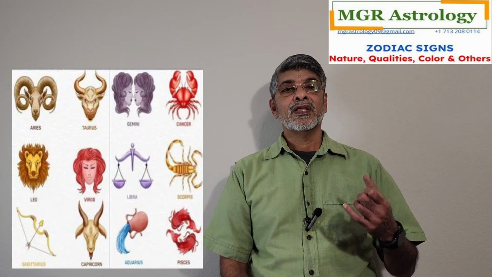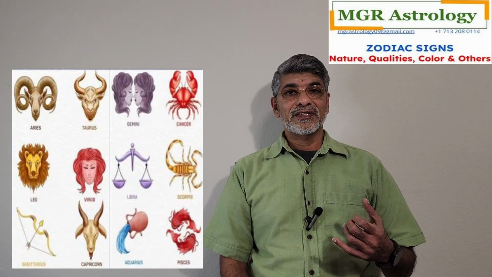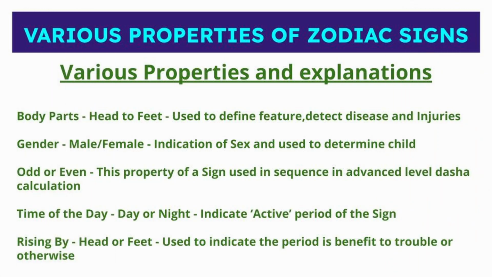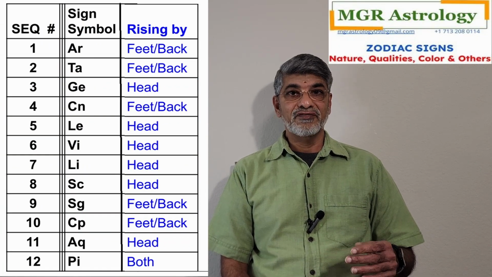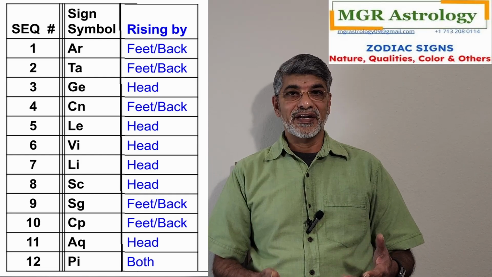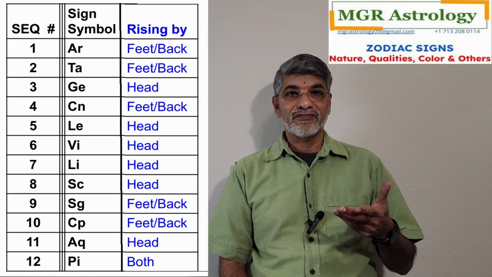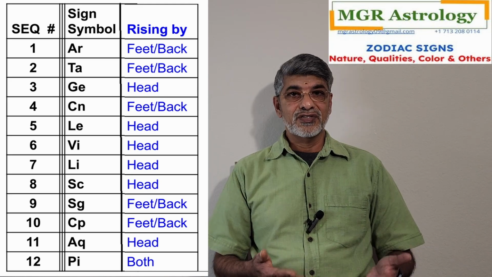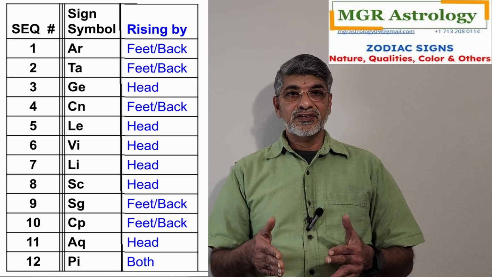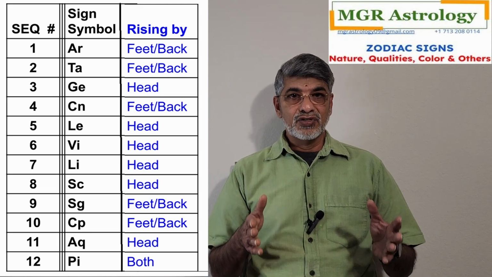For example, a goat rises with the back leg first, and after that it raises its head. Whereas a human being or the Virgo lady rises with the head first and then the foot. So based on this, head and feet rising is allocated to each rasi.